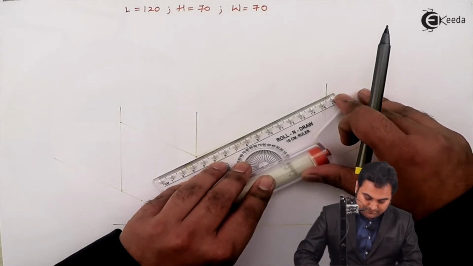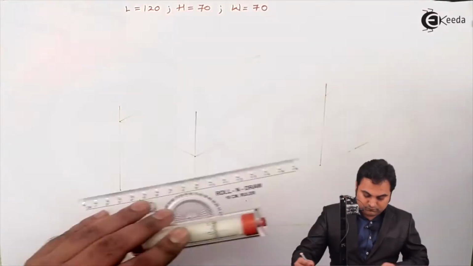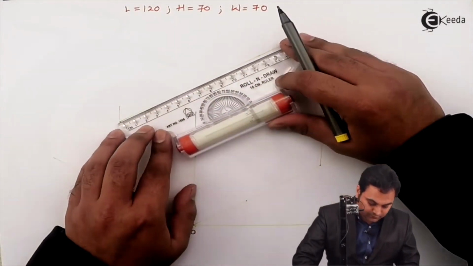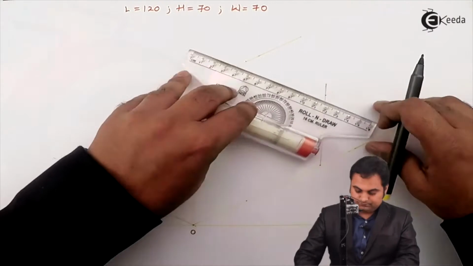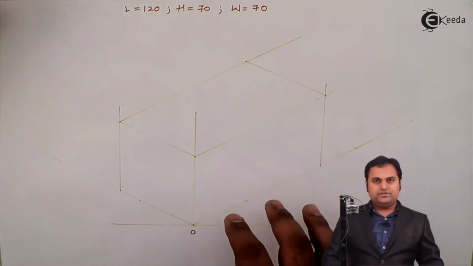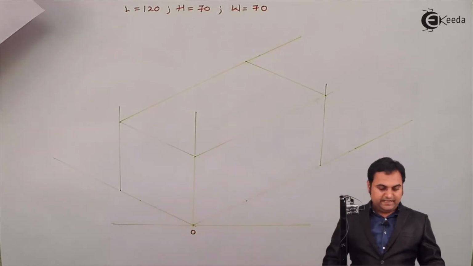Drawing a parallel line. Over this, I'll mark the length 120. So this is the rectangular block inside which I would be drawing the complete diagram.